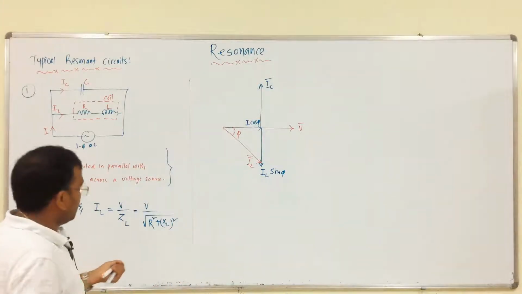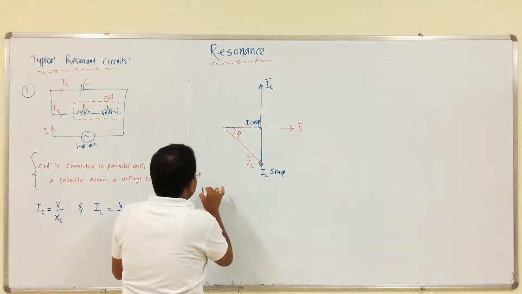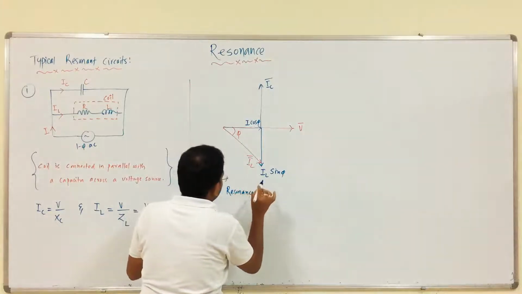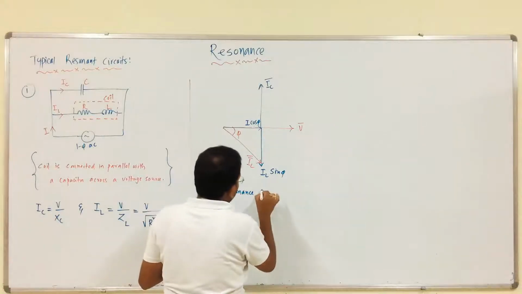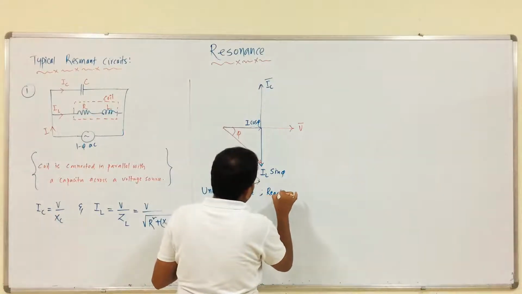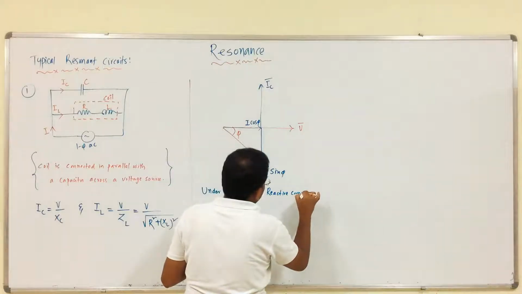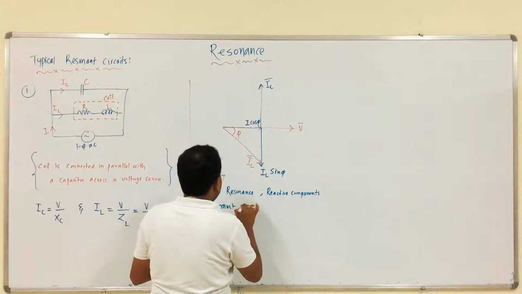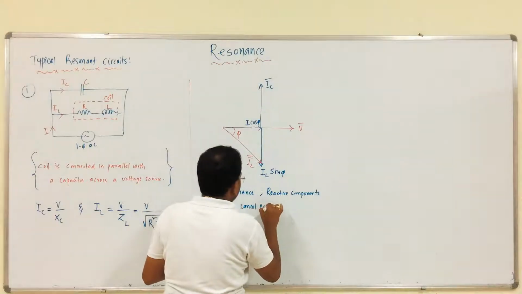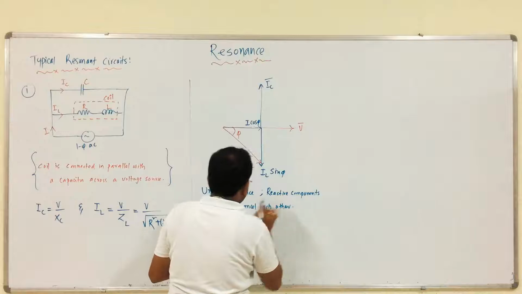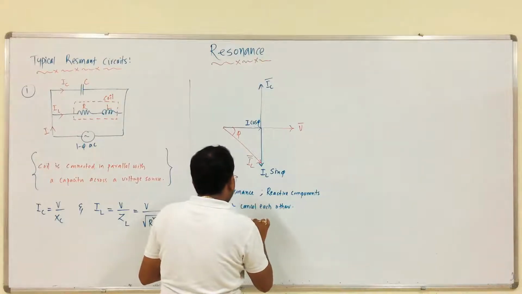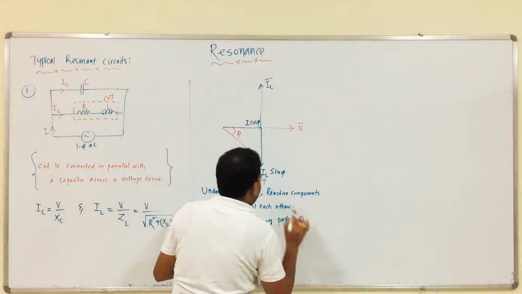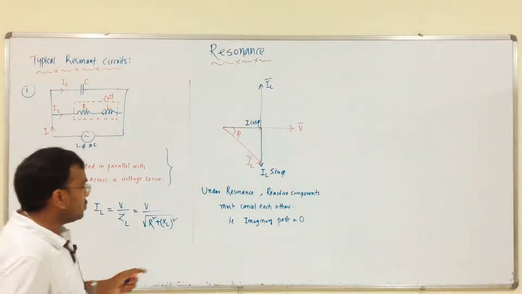That is it. So, under resonance, the reactive components must cancel each other, that is, the imaginary part should be equal to 0.